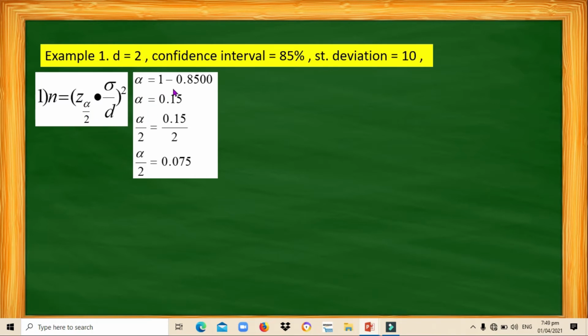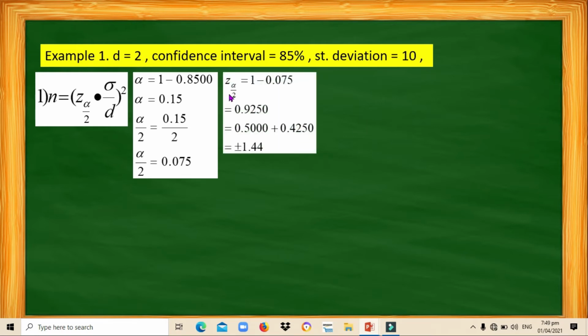This is the solution: 1 minus 0.8500, which is the decimal form of 85%, and alpha is 0.15. Divide both sides by 2: alpha over 2 equals 0.15 over 2, so alpha over 2 equals 0.075.